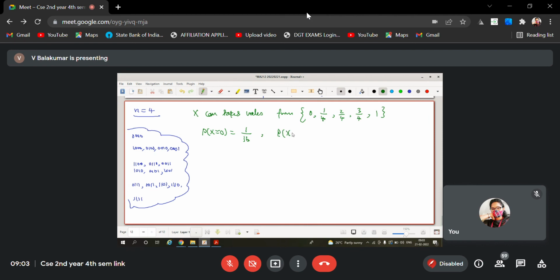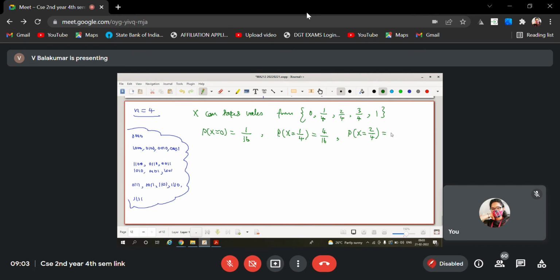Can somebody tell me what is the probability for 1 by 4? 4 upon 16, or you can write 1 upon 4 as I suggested earlier. What is the probability for x equal to 2 by 4? 2 by 4 is this 6 entries, 6 possibilities.